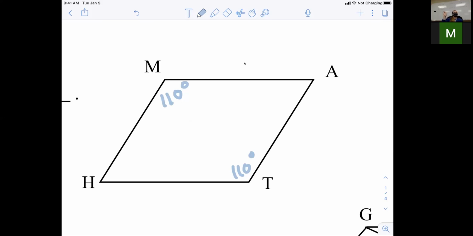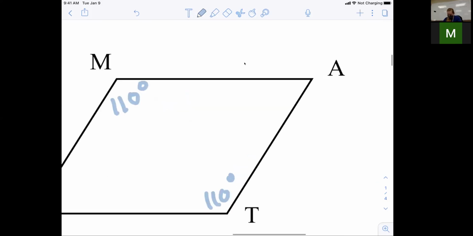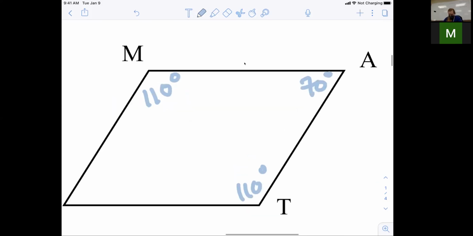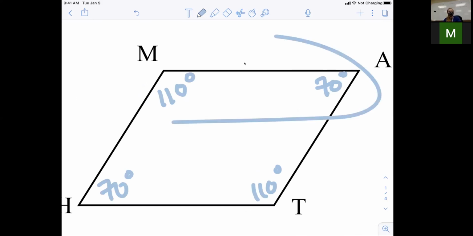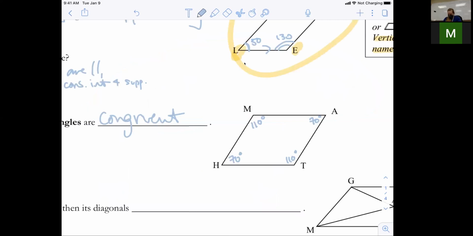Who can give me another angle? Michael? Why? Say that again. Equals 180. Is A or H 70? They're both 70. Okay, tried to trick you. They're both 70 because they're also opposite angles, which are also congruent, but they're supplementary to the one next to them. Very good. All right, just keeping us on our toes.